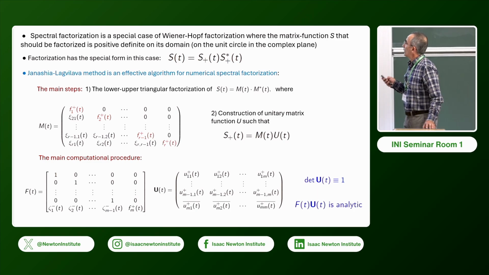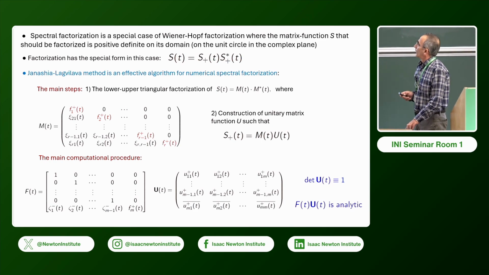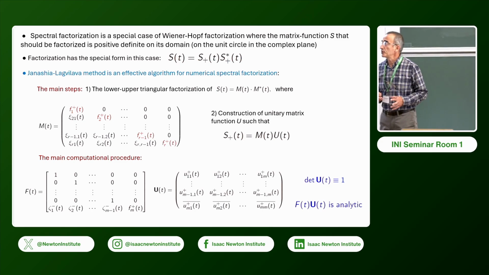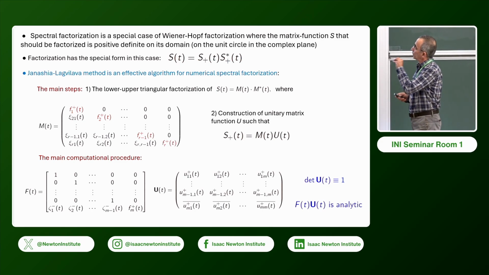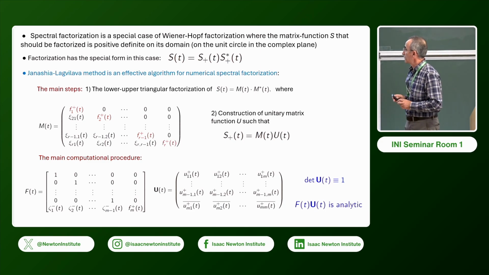I remember 5 years ago, when I presented this algorithm, I was a little disappointed that I was a single person working on this narrow part, because all other presenters were about general Wiener-Hopf factorization.